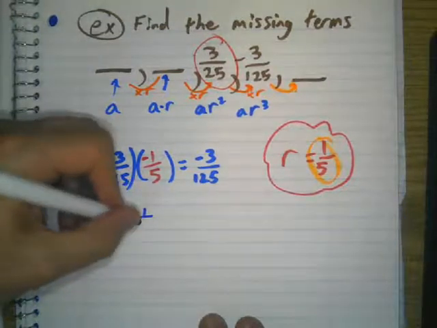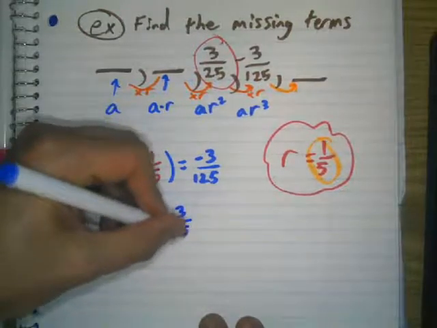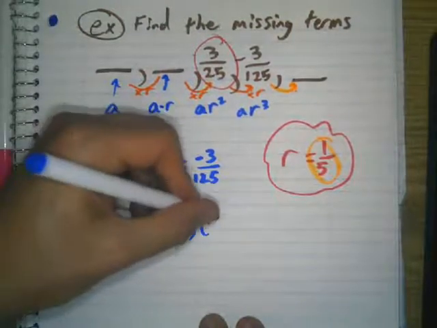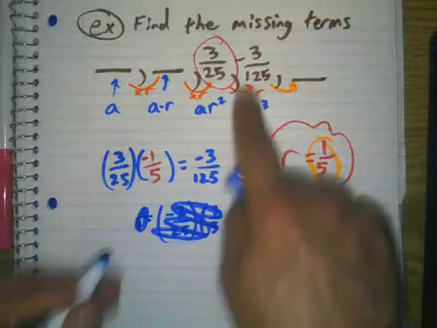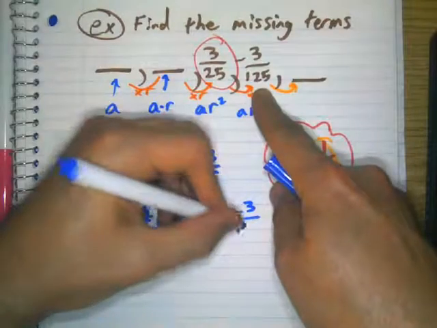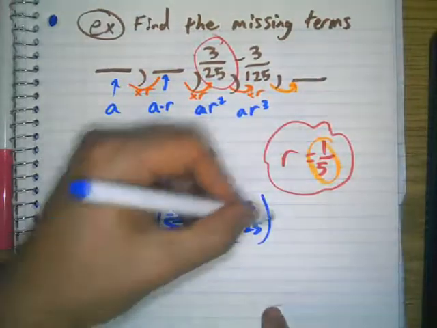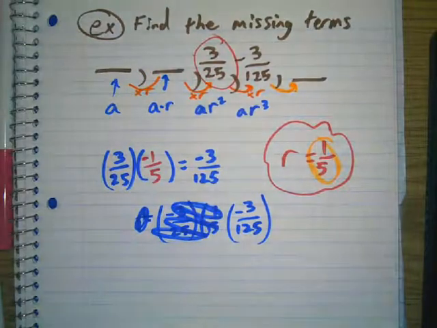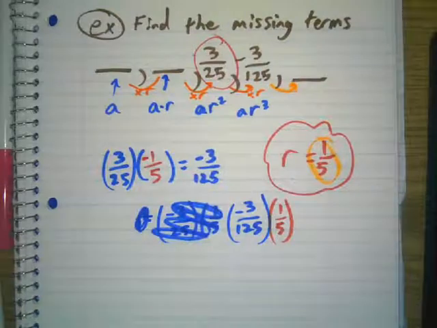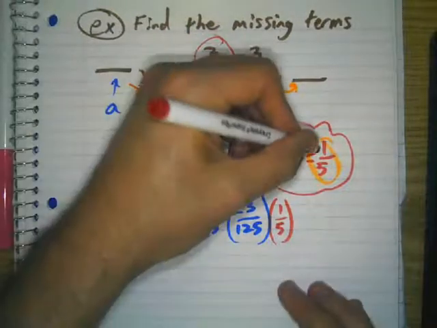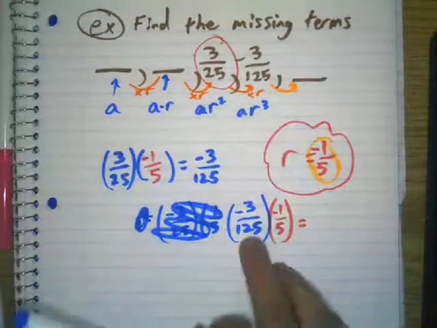Negative 3 over 25 times 1/5, my mistake. This is negative 3 over 125, right? Times 1/5. Oh, wait, it has to be negative, right? Because it keeps changing signs. Then we're going to get a negative times negative, which is positive.